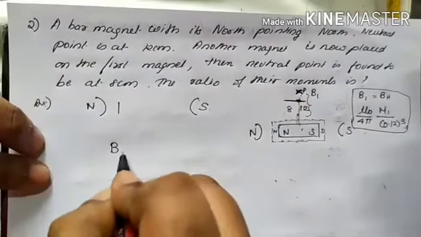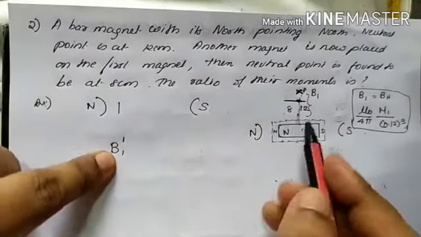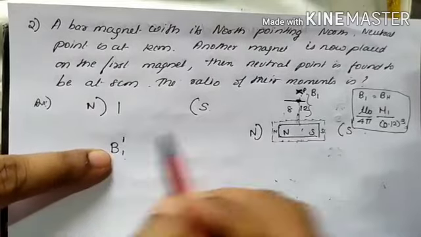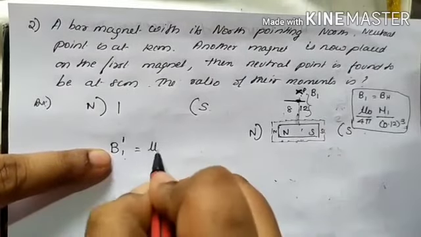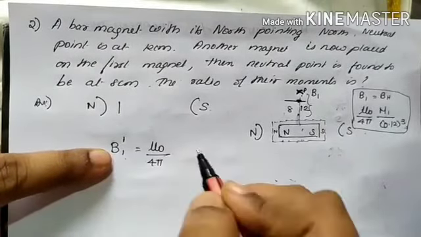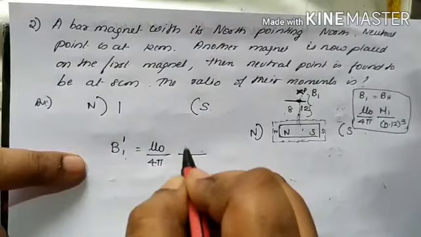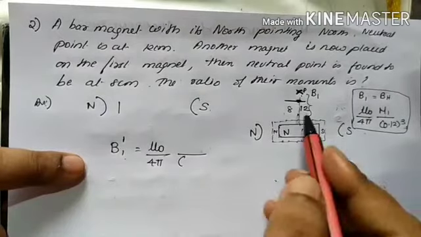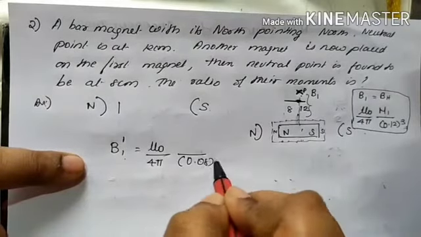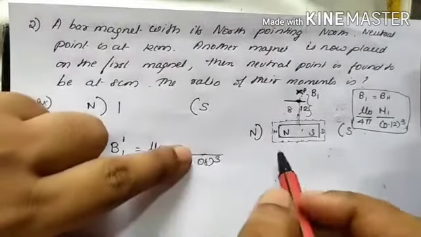So B2, which is the net magnetic field, or B1 dash if you want, is equal to mu 0 by 4 pi, and let's write the denominator part, that has been given as 0.08 cube. What will be the numerator, guys?